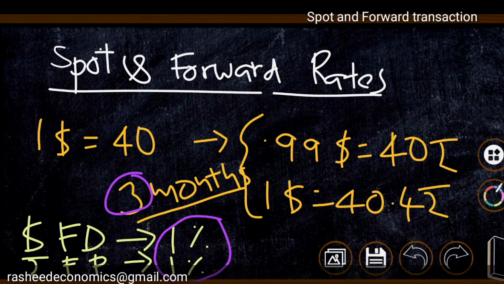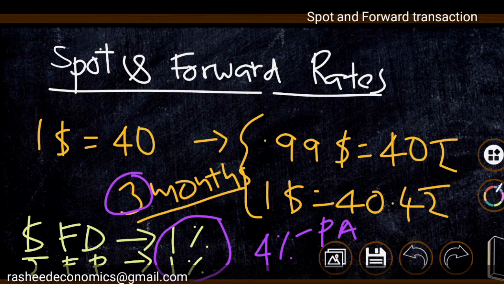Automatically there will be a 4% premium or discount per annum. That is 4% per annum. The rate difference, forward premium or forward discount, is normally expressed in a year. That's why we are converting the value of forward premium of 3 months into 1 year.